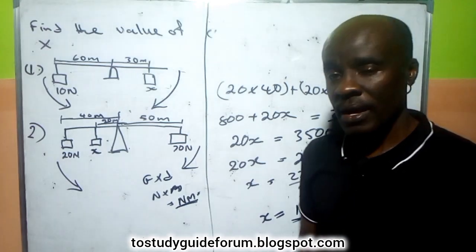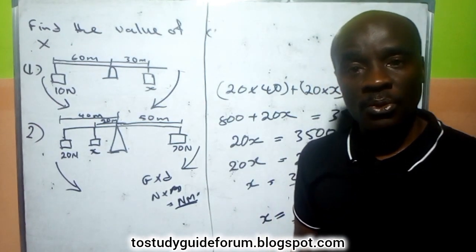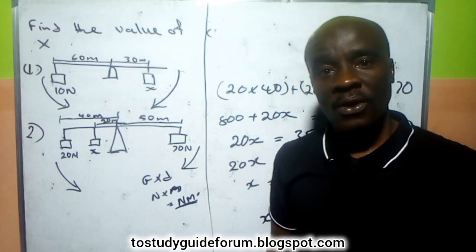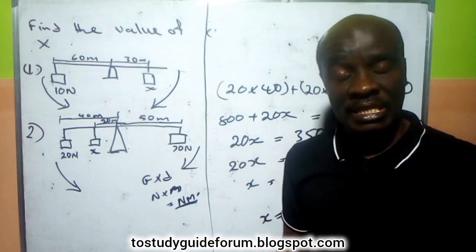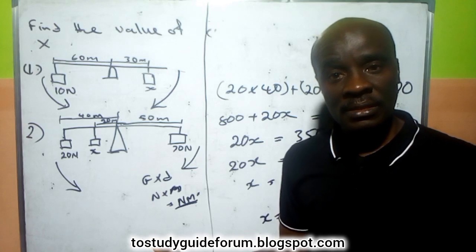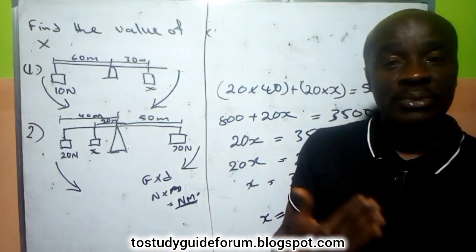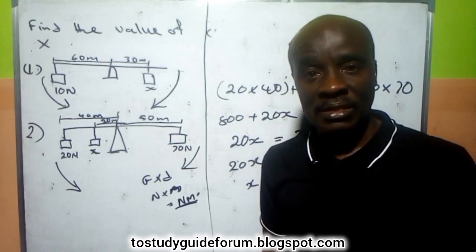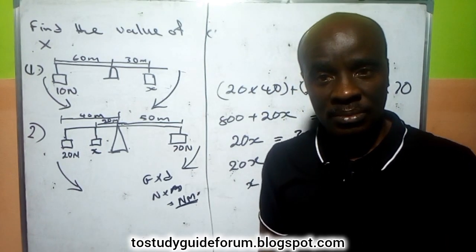And then remember what the principle of moments says: that when the body is in equilibrium, the sum of the anti-clockwise moments at that point must be equal to the sum of the clockwise moments at the same point.